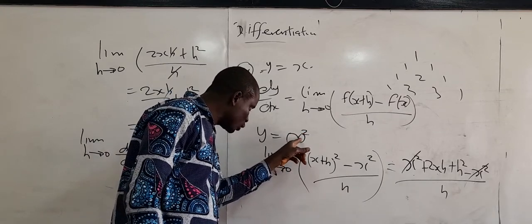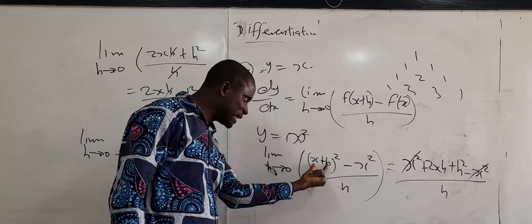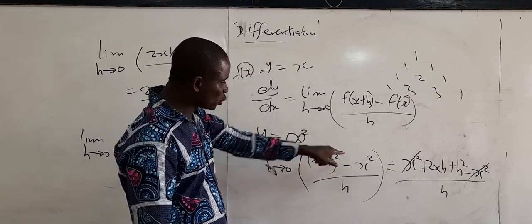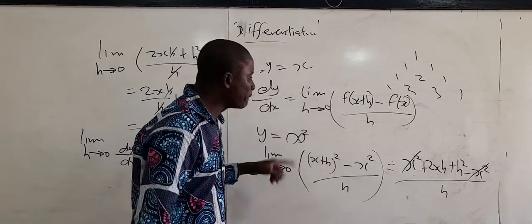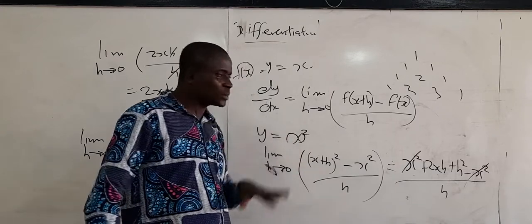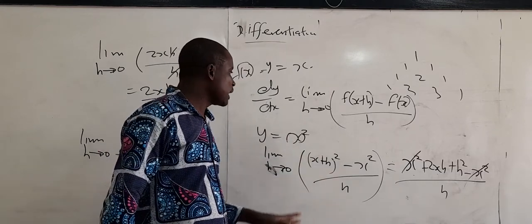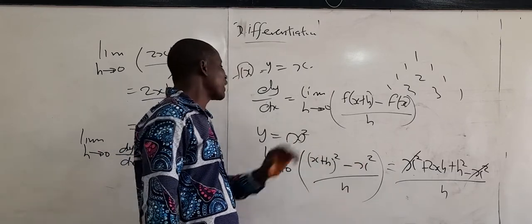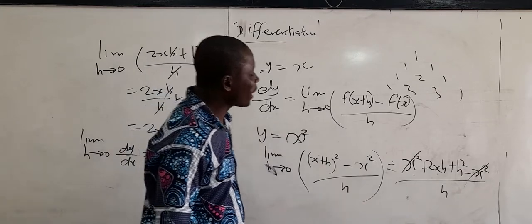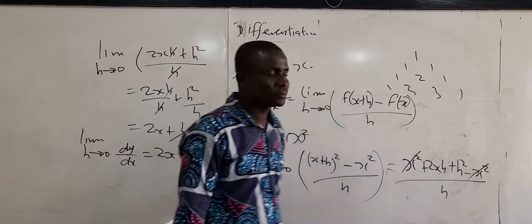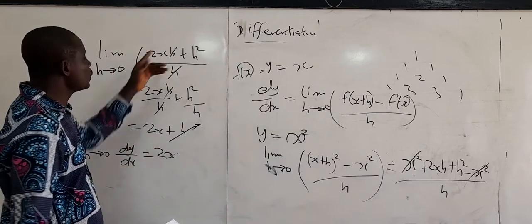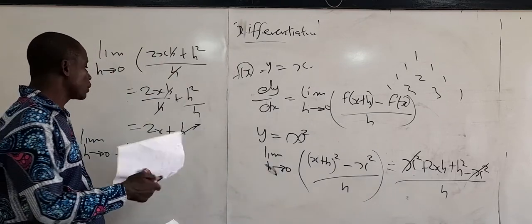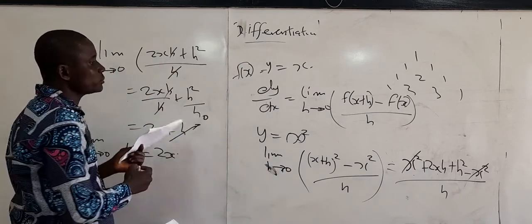Just add h to it, so it becomes x plus h, before the square comes. Minus the original x squared, which doesn't involve the h, and this is what you're having all over the capital H. After working everything, you divide through by the h. After you do your cancellation, whenever you see h, that expression goes to 0. So this is what you are having.